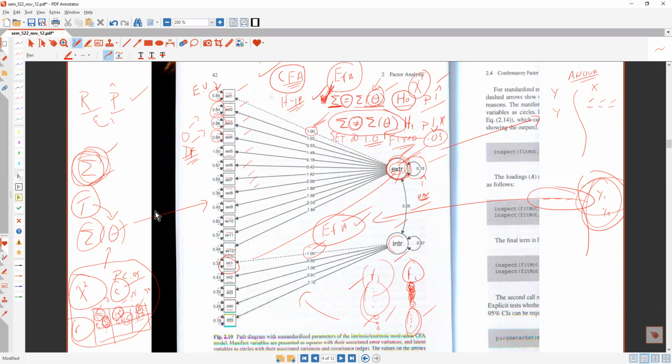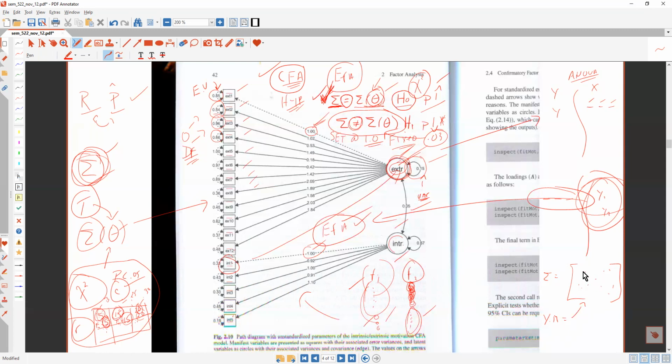It's trying to reproduce the elements. So if this is my matrix right here, and I've got all my values in the matrix, the absolute best case for your model is that the model you come up with is going to be an exact replica of this.